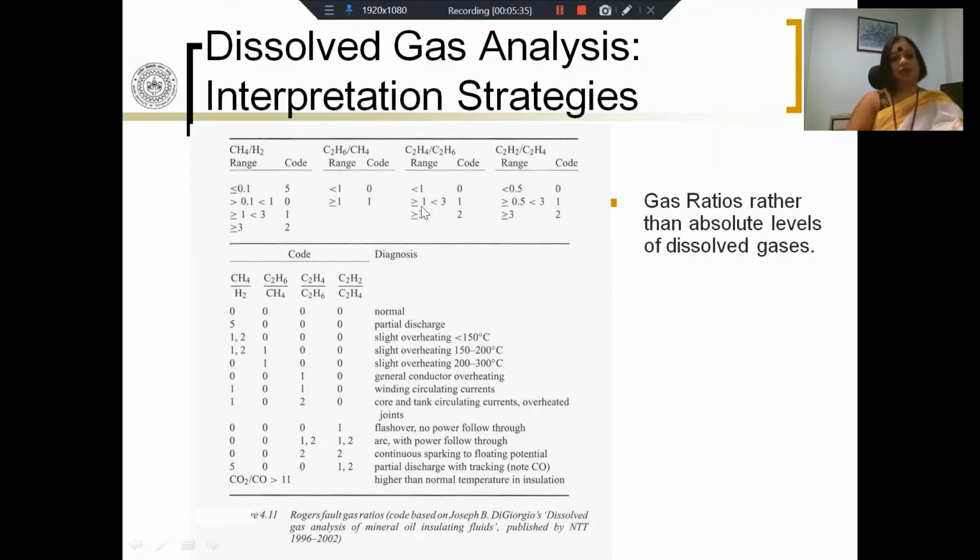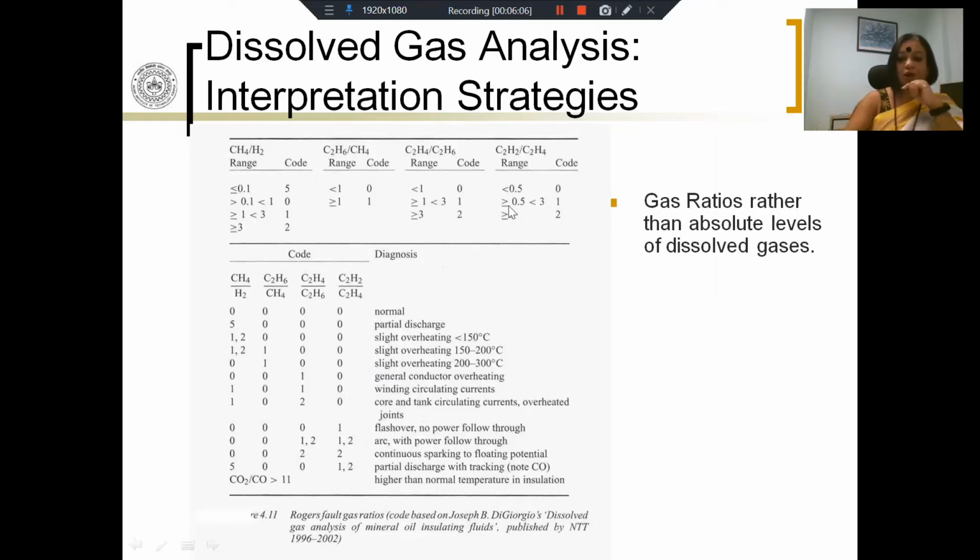And then let us look at all these combinations of the 4 codes. So we have 4 gas ratios and 4 codes associated with every gas mixture. So let's say you have a situation where all the codes are 0, 0, 0, 0, which means that the CH4/H2 ratio lies between 0.1 and 1, the C2H6 to CH4 ratio is less than 1, C2H4 to C2H6 is less than 1, and C2H2 to C2H4 is less than 0.5.